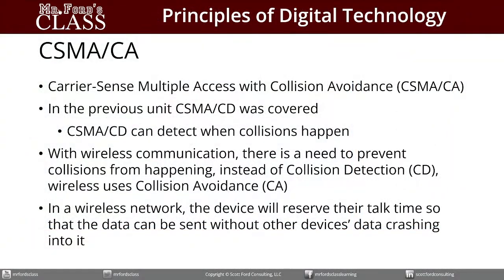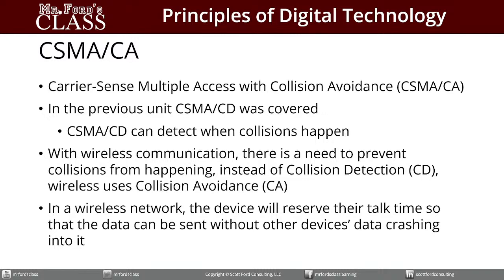If somebody dialed out at the same time, you would have a collision. The frames would be destroyed, okay, and it would have to resend the information. So that was the CSMA/CD, collision detection.